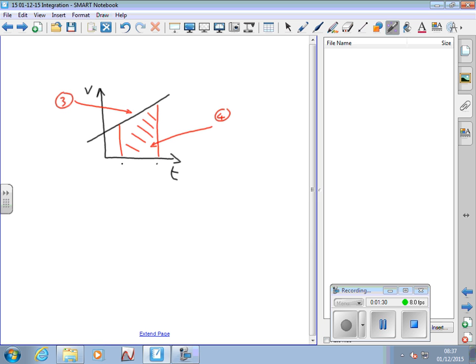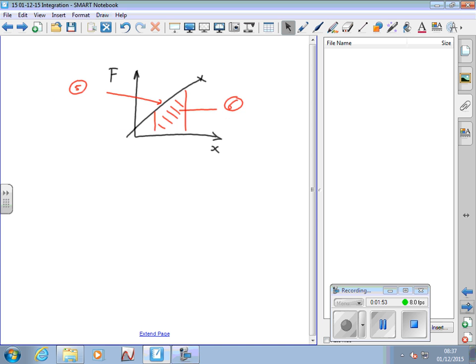And number four, thinking about what we plotted, velocity against time, what does the area underneath this curve tell us about that motion? And then we want another graph of, this time, force against extension. So very like the assignment you're asked to do in the science and mechanics, plotting force against extension for a wire that's being stretched.